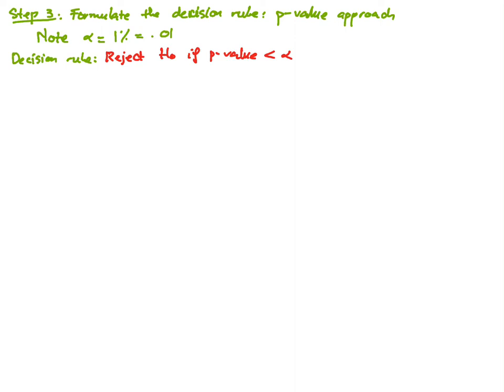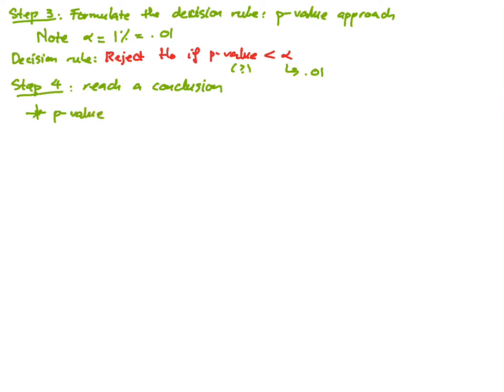All right. So let's move on to step 4, when we reach a conclusion. Let's look at our decision rule. We reject the null if p-value is less than alpha. We know what alpha is. Alpha is 0.01. But we don't know what the p-value is. So what is the p-value?